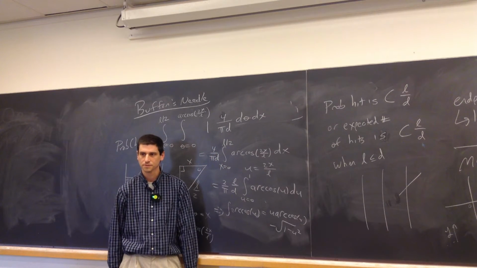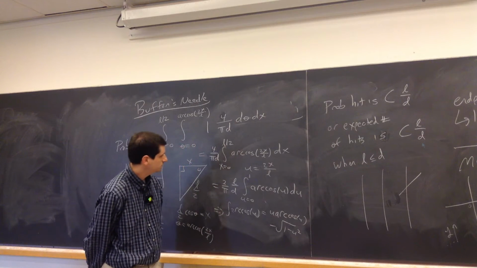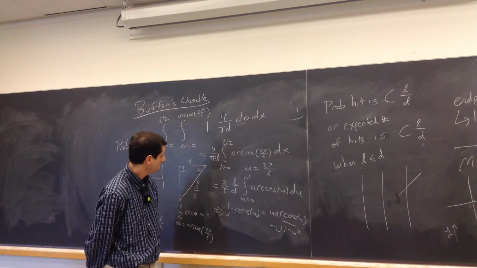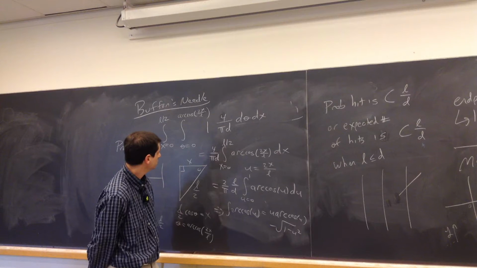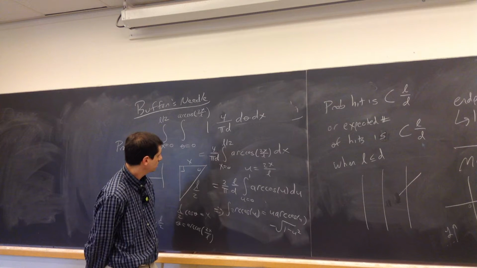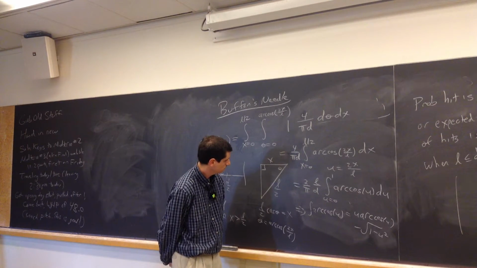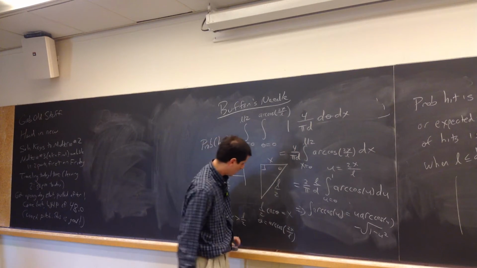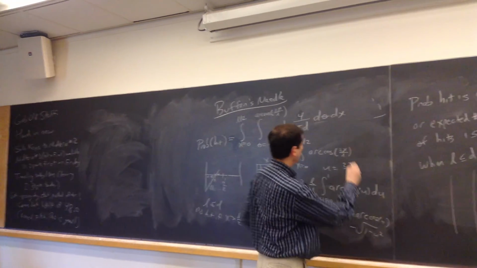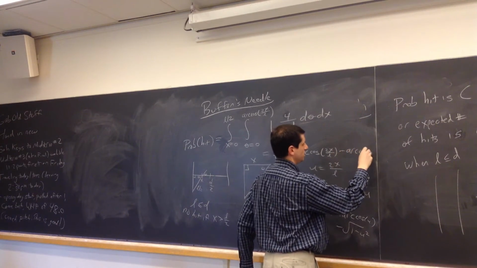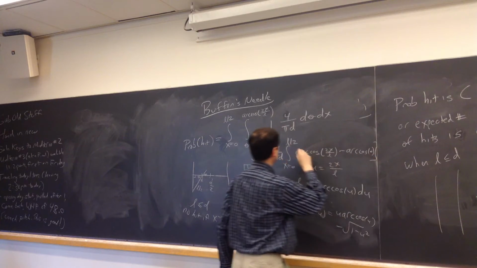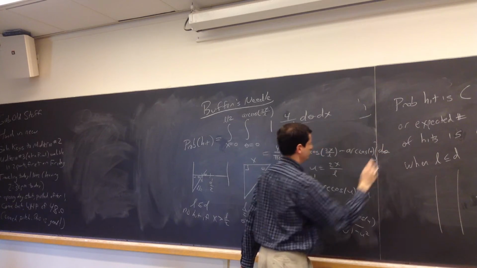Yes? Isn't arc cosine of 0 not 0? Because cosine of 0 is... Oh, have I made a mistake there? Okay, I will leave it as arc cosine of 0 just to be safe, because we're going to be really close on finishing.